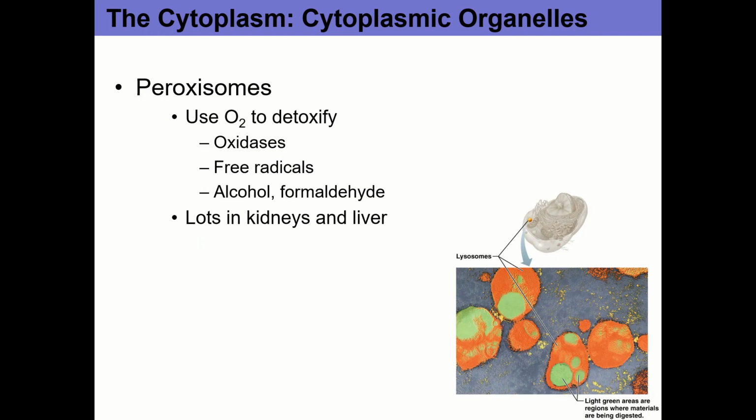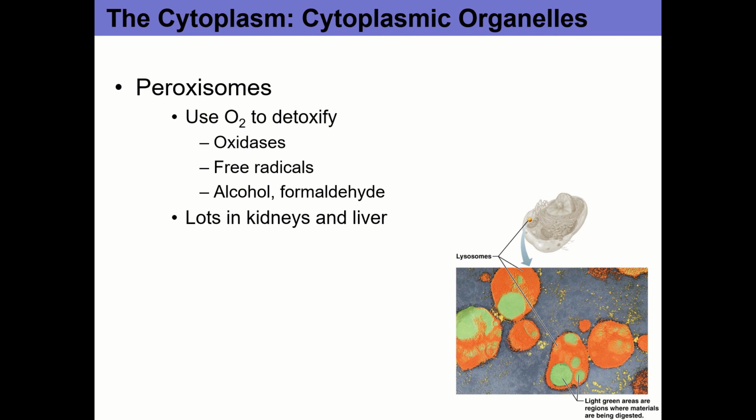All right, so peroxisomes. Peroxisomes are found in a wide variety of cells. We're going to talk about them primarily in their context in the liver. But what do peroxisomes do? They use oxygen, that's O2, to detoxify things.